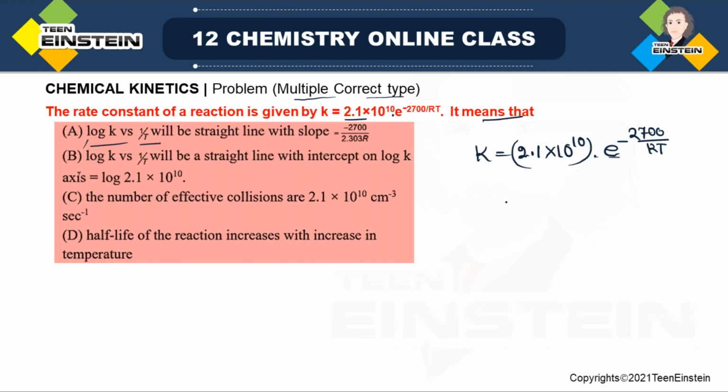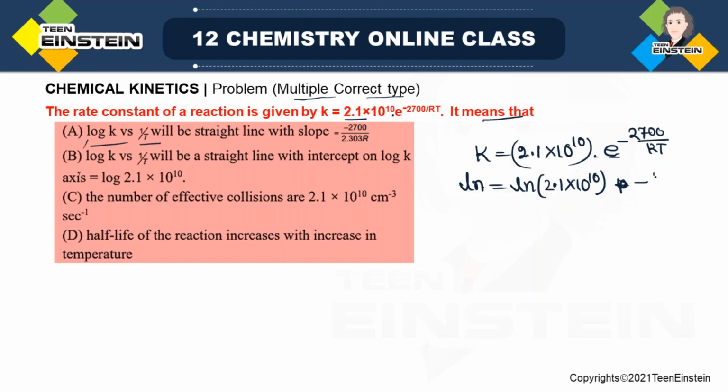When you take ln, as the ln base is also e, the e will be cancelled. It will be ln k equals ln 2.1 times 10 to the power 10 plus ln e to the power of this whole term.